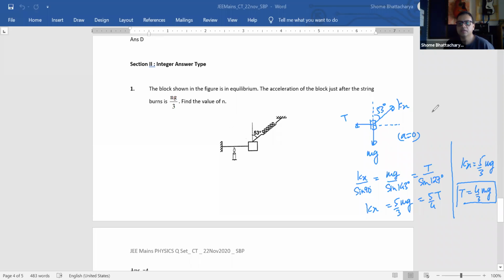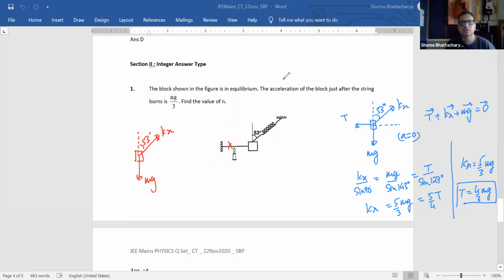Okay. And in general, you can understand that the vector sum of tension plus Kx plus mg is equal to 0. Now, the moment you burn this thread here, at that particular instant, this Kx remains the same as it was over here at the same angle, and mg remains the same, but that tension suddenly becomes 0.